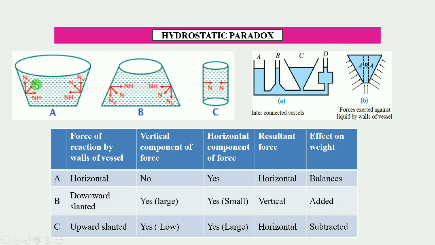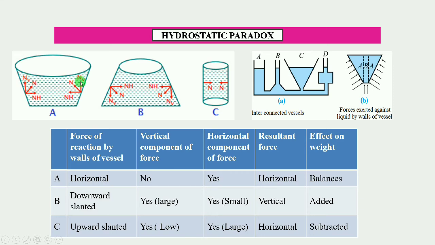This N you can resolve into two components, horizontal component and vertical component. From both sides, these horizontal components are opposite, so they will get cancelled. Vertical components are in the same direction, so they will get added up. The weight of the liquid in this container will be acting vertically downward, that is mg.